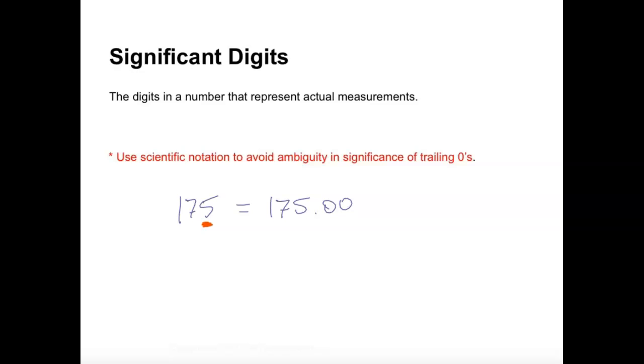Whereas 175.00 indicates that we are measuring to the nearest hundredth, right? So this has 3 significant digits. This has 5 significant digits. And significant digits just indicate how precisely we are measuring something, okay? So even though those are equivalent values, their precision is different.